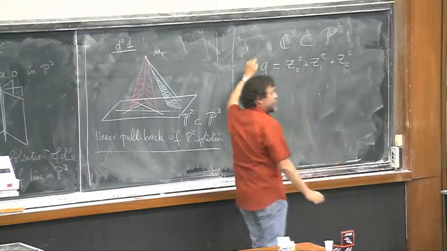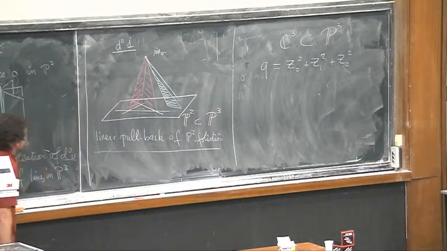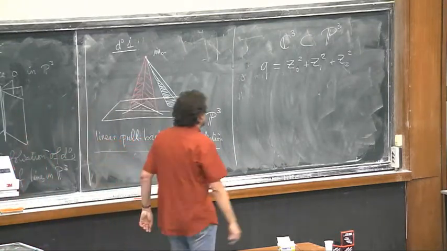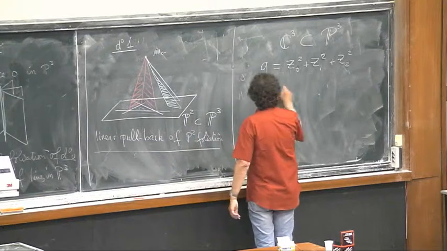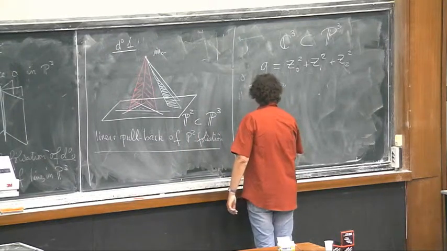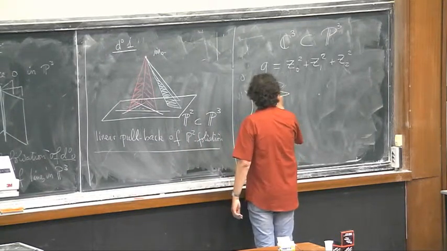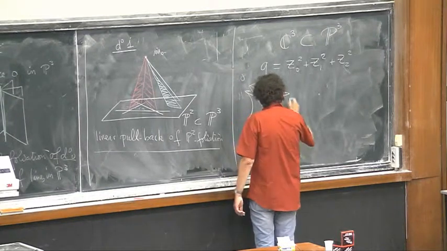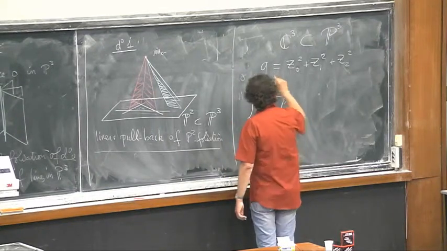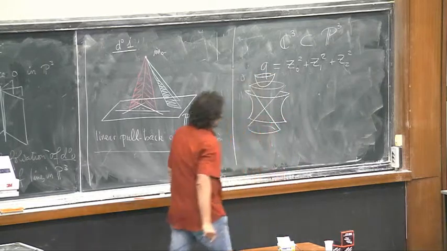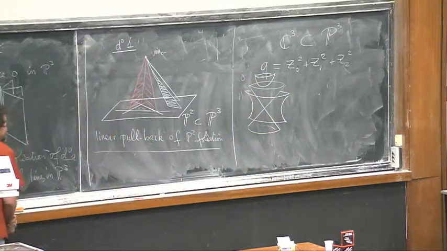And I construct in C3 the foliation by the level sets of Q. So the level sets are quadrics. So I have a beautiful foliation in C3.